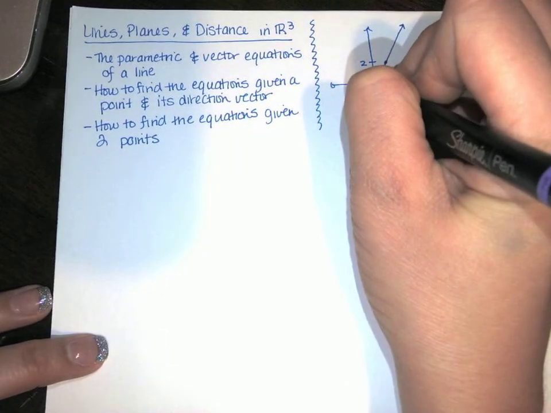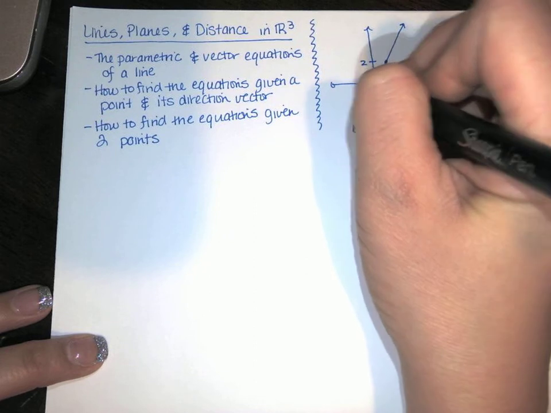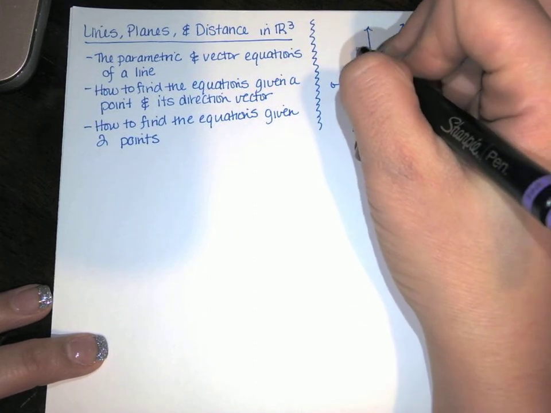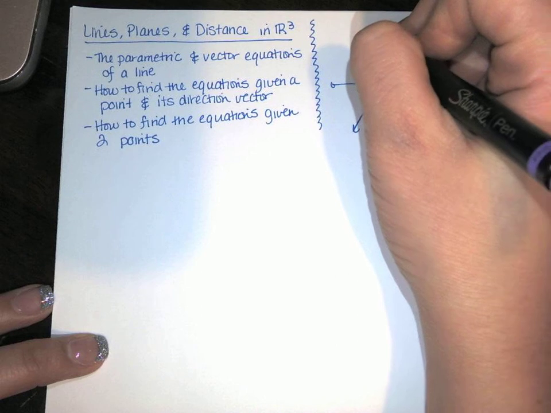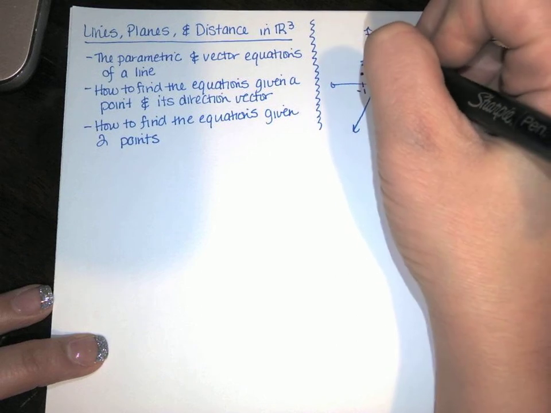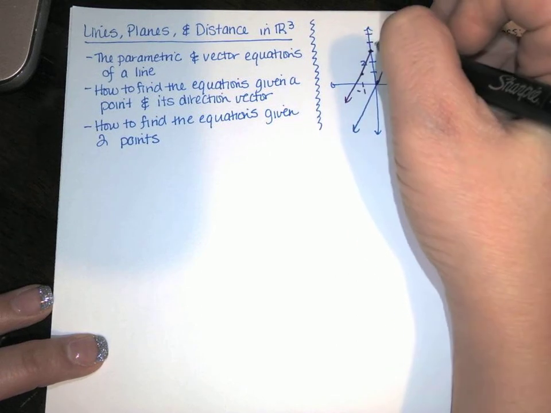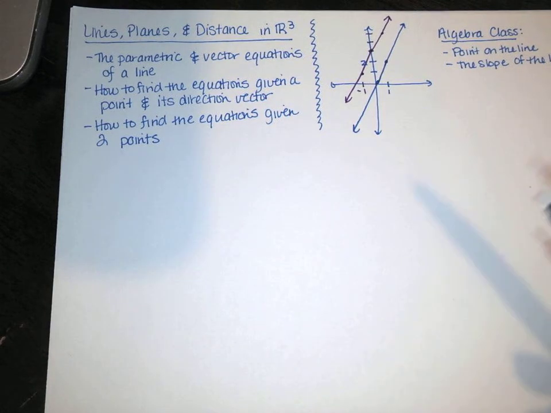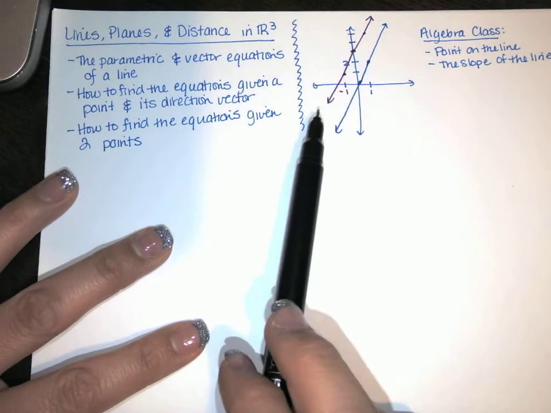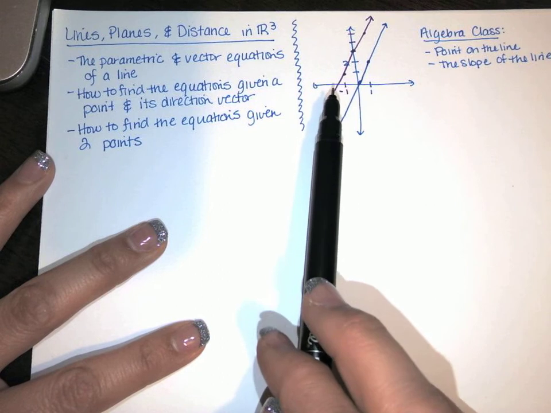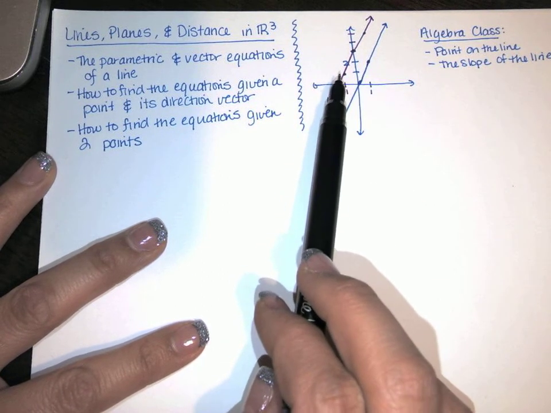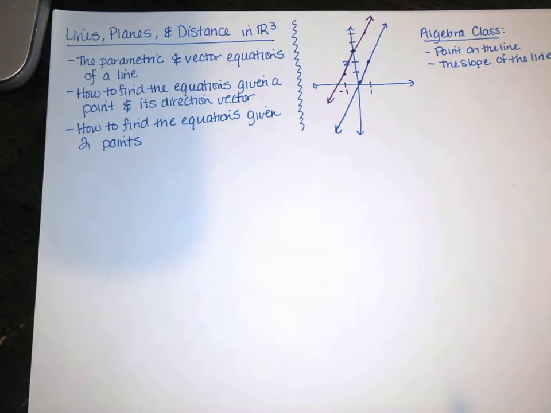If our line happened to pass through the point x equals -1, y equals 1, and it had a slope of 2, we'd go up 2 and over 1, up 2 and over 1, and graph that line. And those are going to be parallel. So that slope is giving us a sense of direction, and the point on the line, or any one of the points on the line, is distinguishing it from all of the other lines that have exactly the same slope.